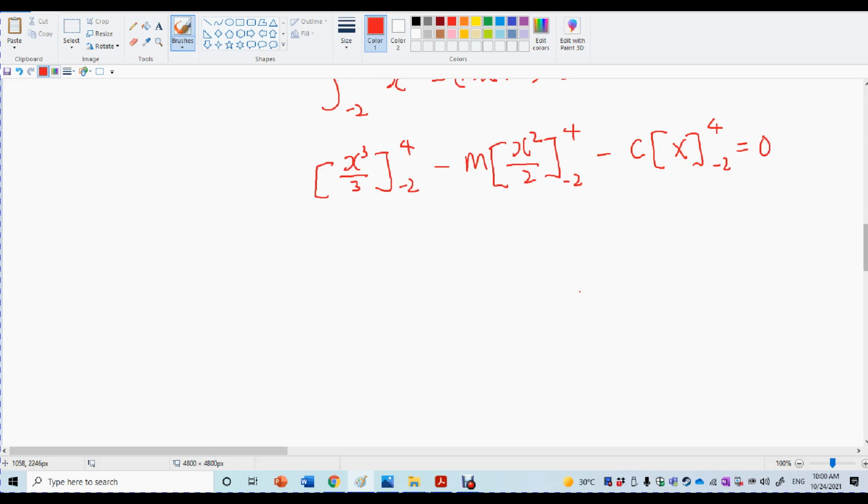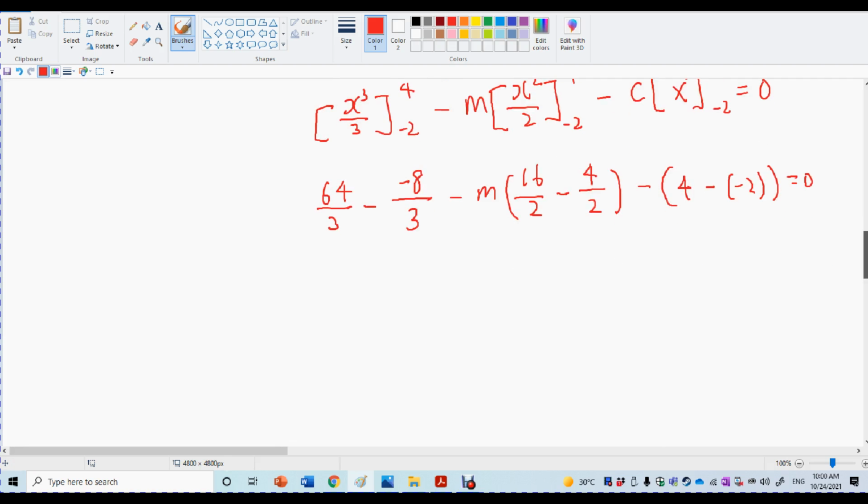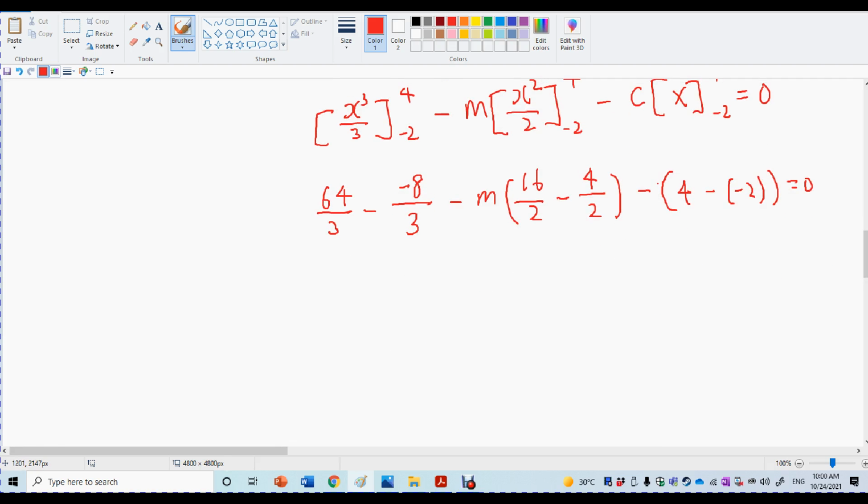The first is 64 to the power 3, 64 over 3, minus, that should be minus 8 over 3. Then 4 squared is 16 over 2 minus, that's minus 2 squared, so that's 4 over 2. Oh, that's a c, sorry, I nearly missed that.